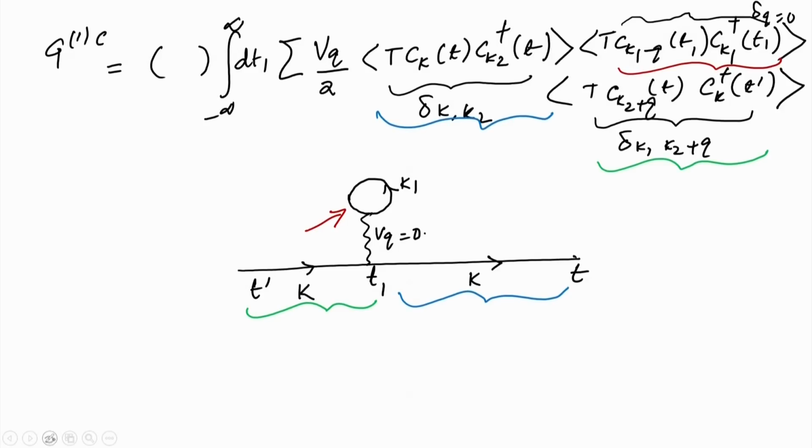So, those are the three terms that appear here, and likewise we can write down G 1 d. We are doing all of them separately, such that you get a feel of these things happening there. So, G 1 d which is equal to again bracket and then minus infinity to plus infinity and a dt 1, sum over the internal momentum.